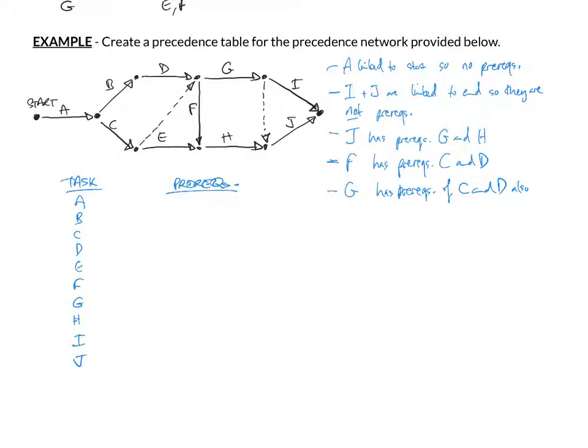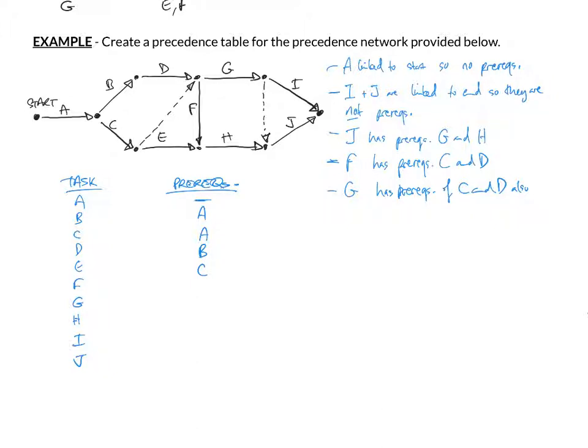We already said A is linked to the start, so it has no prerequisites. Looking at B, B requires A to have happened. C requires A to have happened. D requires only B to have happened. E requires C to have happened.